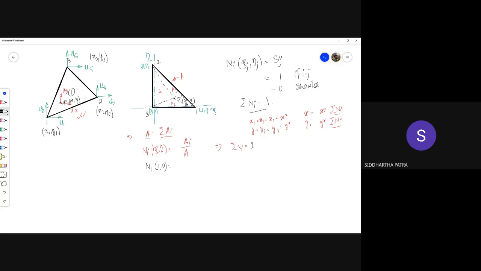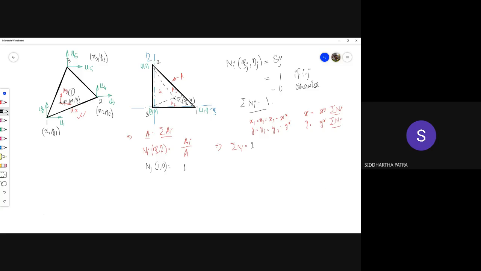And what would be the size of A1? A. Which means what would be the value of N1 at node 1? 1.